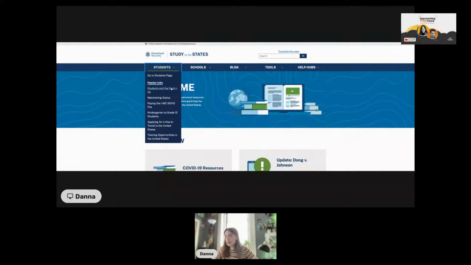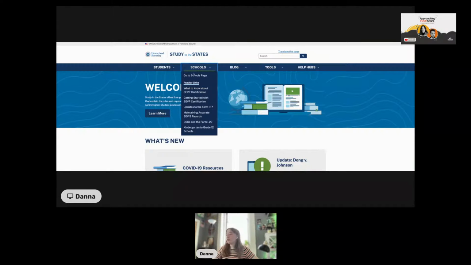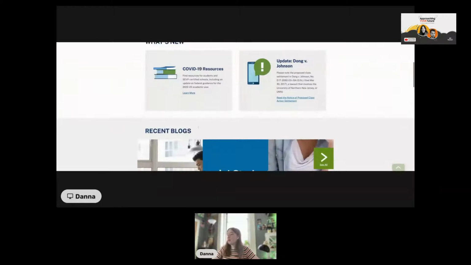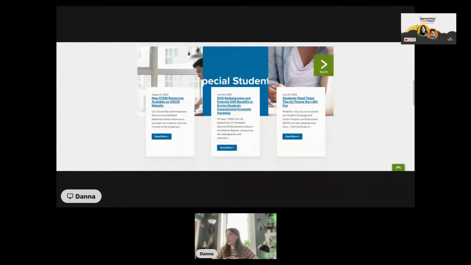Students and I-20 maintaining status, I-901, the SEVIS fee, everything, applying for a visa to travel to the US, training opportunities in the United States. If you go to schools, you can even look up if your school is SEVP certified or things of that sort. You can understand everything about your I-20, for example, and how transferring schools work. It really is a great resource for international students.